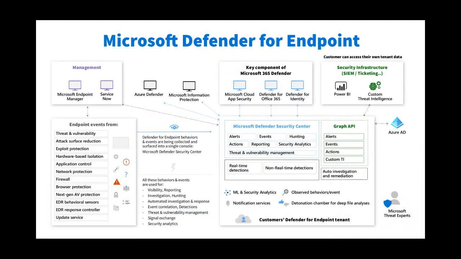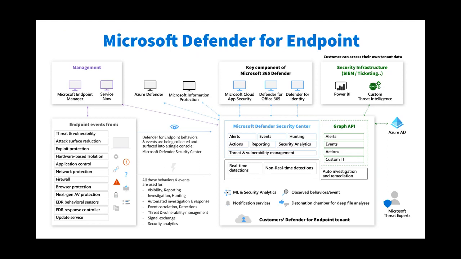Microsoft Defender for Endpoint becomes a key part of that ecosystem. Endpoint behaviors and events from Defender for Endpoint are sent to the management tools like Microsoft Endpoint Manager and to the Microsoft Defender Security Center. All of the behaviors and events can be used for visibility, reporting, investigations, and hunting, automated activities, event correlation and detections, and more.